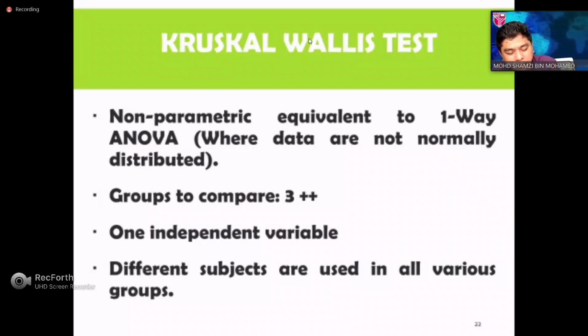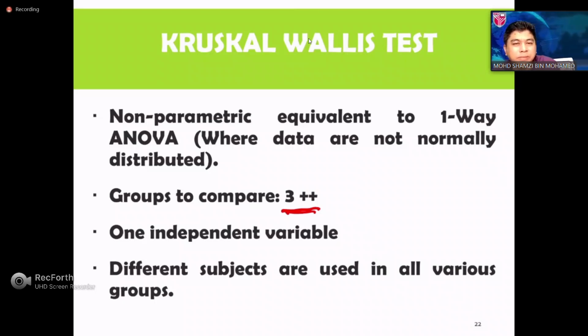The groups to compare, you have a minimum of three, three or more. One independent variable and different subjects are used in all the groups. Meaning different participants in all these three different samples, different individuals.